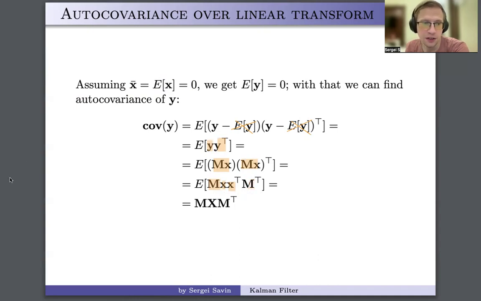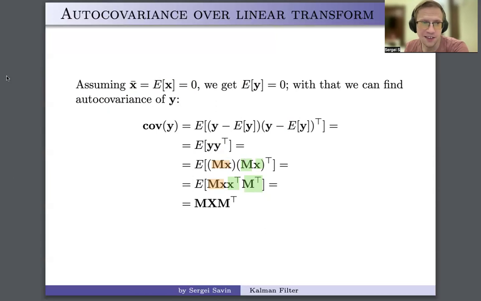Let me quickly use color coding. So MX, right, times X transpose, M transpose. That's what we have when we open the second bracket.